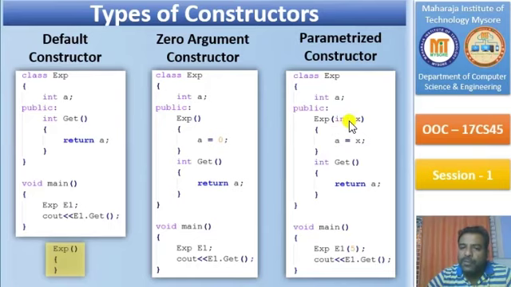So now observe one major difference and an important point which you should note. When I am using a zero argument constructor, I am creating the object as usual, what I was doing until now. But when I use a parameterized constructor, this is not the same case.